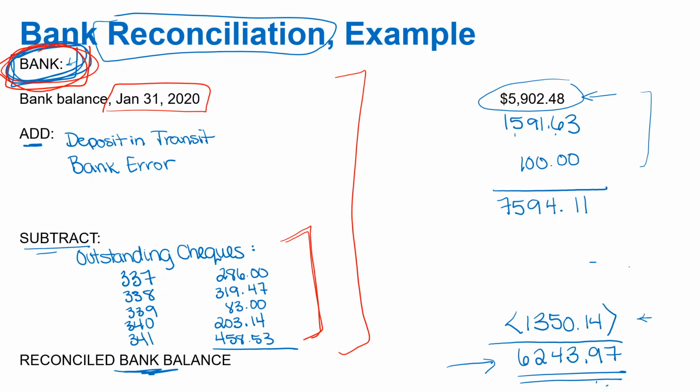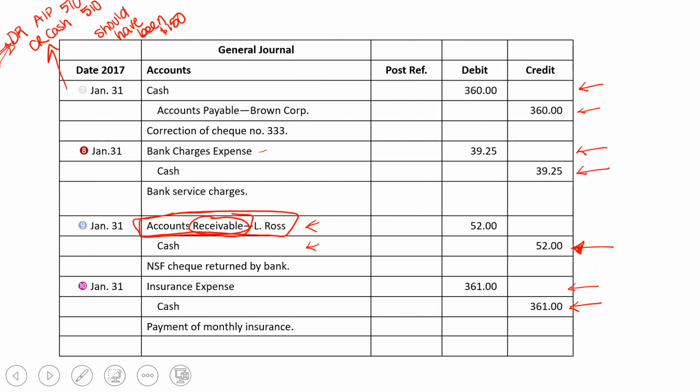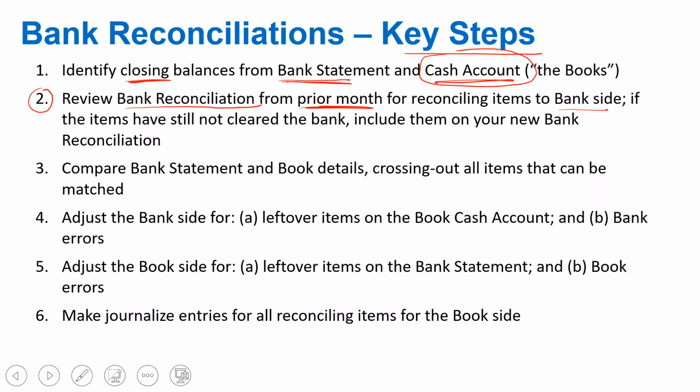When we go to do the bank rec at the end of February, we would look back to this reconciliation and we would need to check each of these items and see if they cleared the bank account in February. If they did, great. Now they're no longer a reconciling item. But if they didn't, we would need to now include them on the February bank rec as well. So if the items have still not cleared the bank, you include them on the new bank reconciliation under that bank side. So you've always got to check back to the previous month and see if it's either gone into or come out of the bank statement yet.